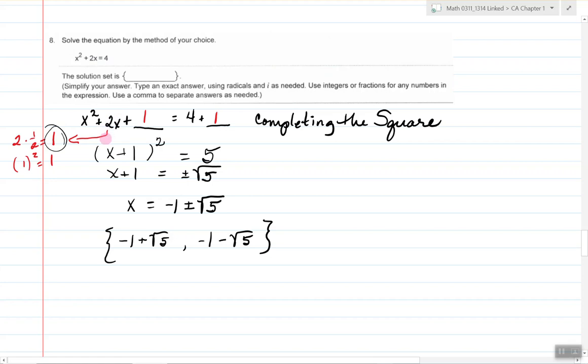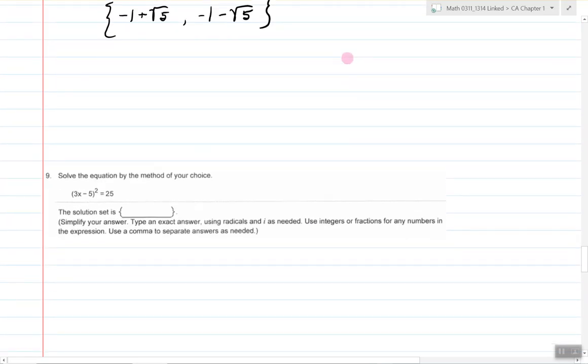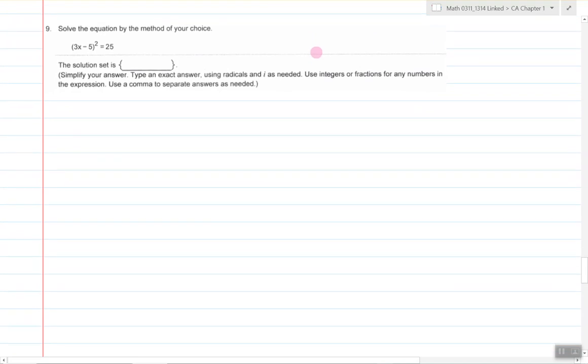That's why I chose completing the square. You could have written it as x squared plus 2x minus 4 equals 0, identified a, b, and c, and used the quadratic formula. Don't worry, I will use the quadratic formula on a problem before I quit.